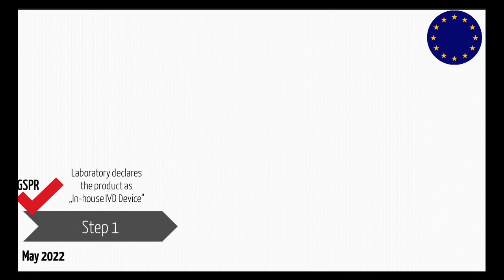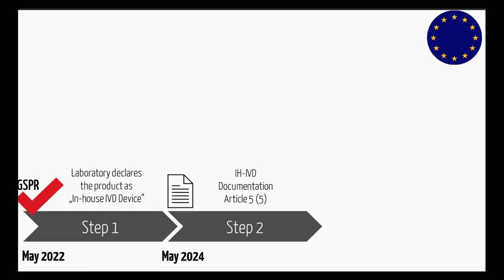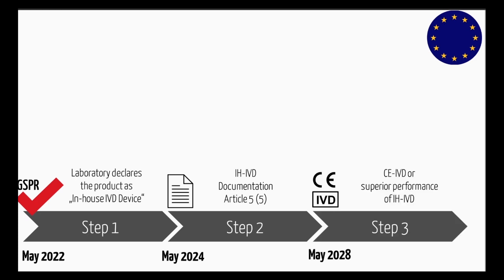With this, they can be safe for some time until May 2024, when they have to provide in-house IVD documentation according to Article 5, sub-point 5, as I was talking about a few slides earlier. The third step is either switching to CE IVD products available on the market, or providing evidence of superior performance of their own in-house IVD devices. And this is from May 2028 on.